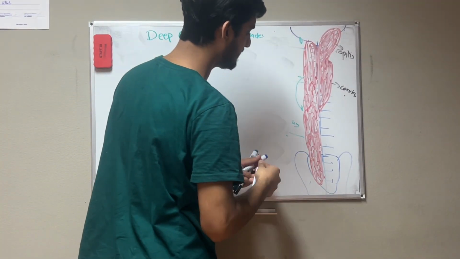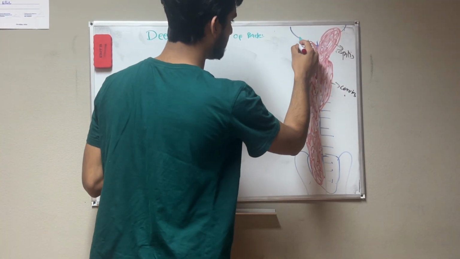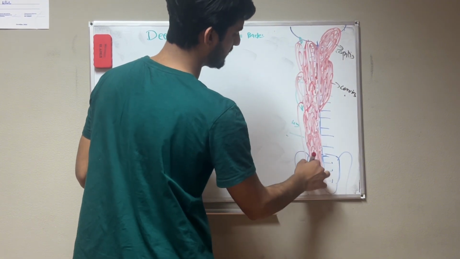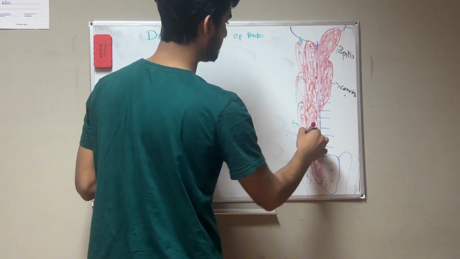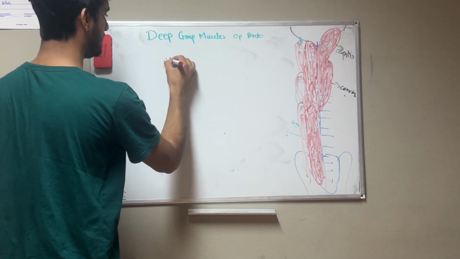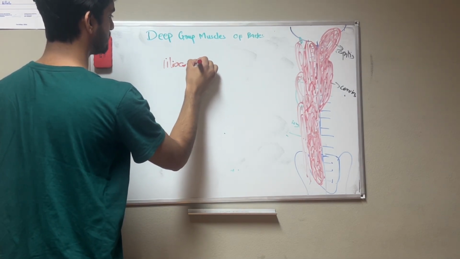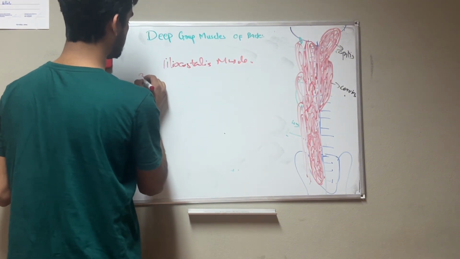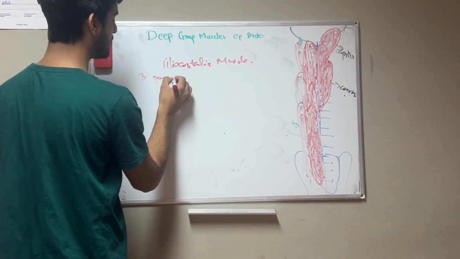I will first draw the muscle. Its name is iliocostalis muscle, iliocostal muscle. Here also a line, this is the iliocostal muscle, and it has three parts. For each part we are going to discuss.